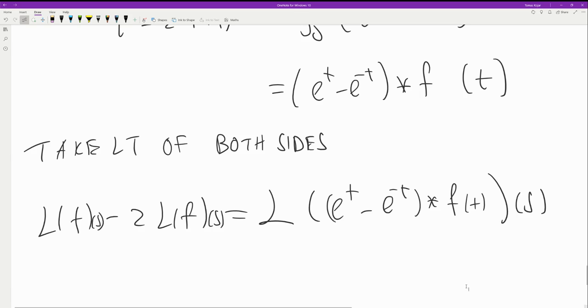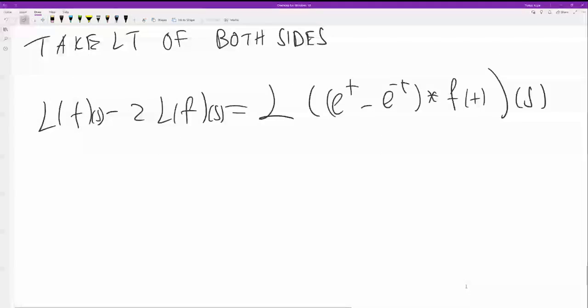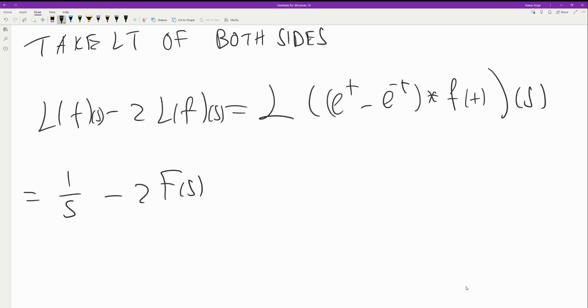Right, so first guy here is 1 over s squared. This guy, call it capital F of s. And this becomes the product.